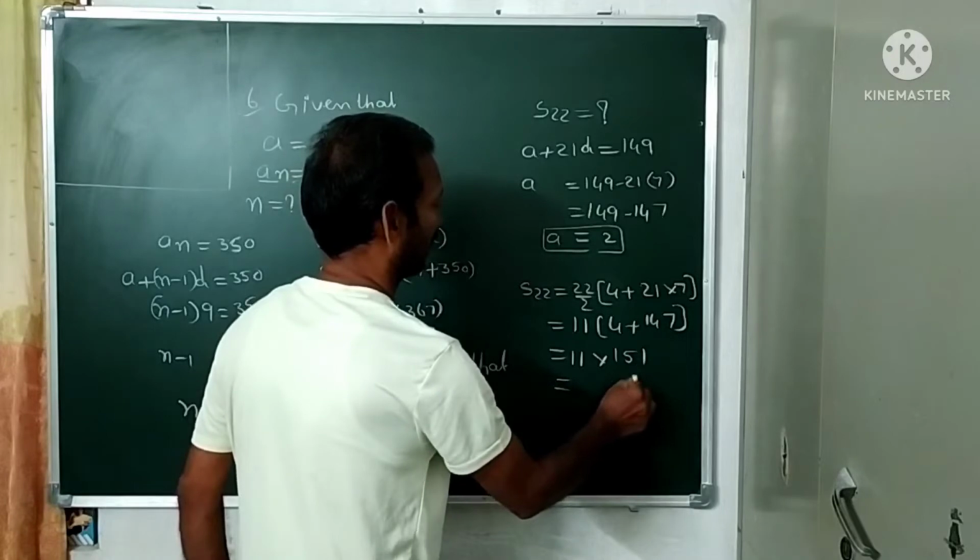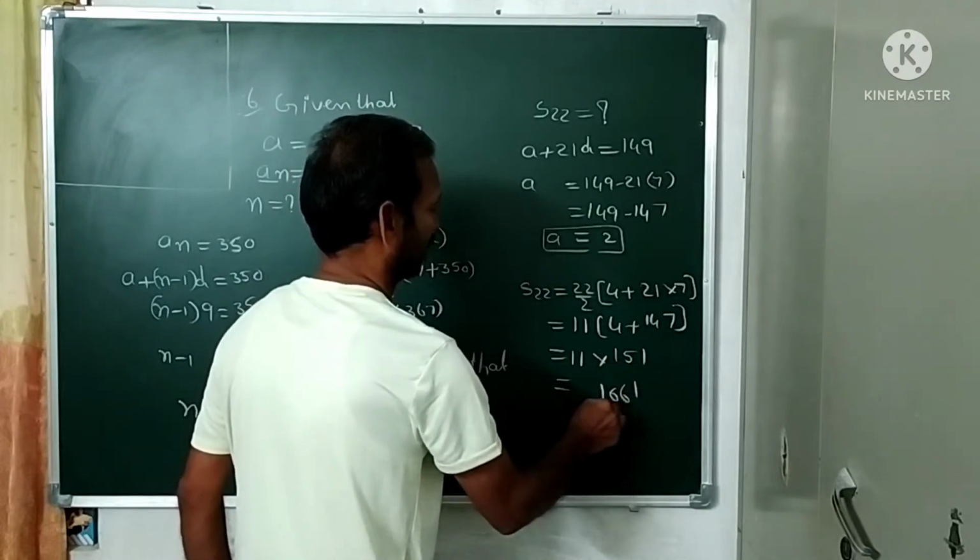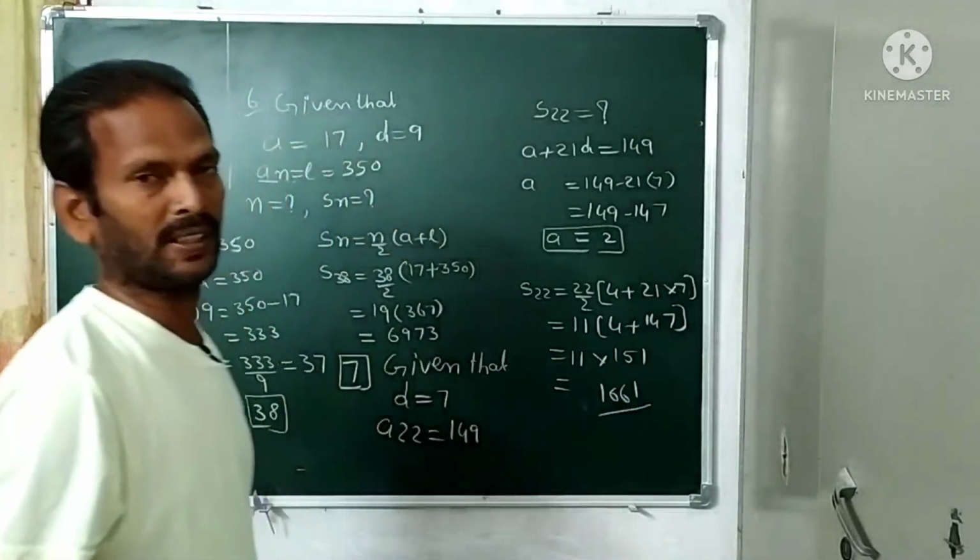Multiply with 11 means 1661. This is the answer.